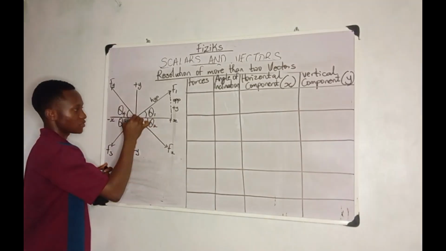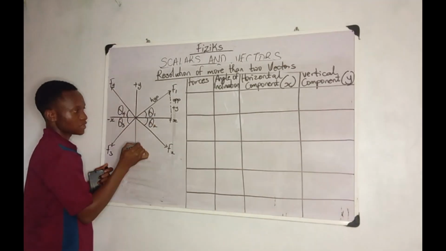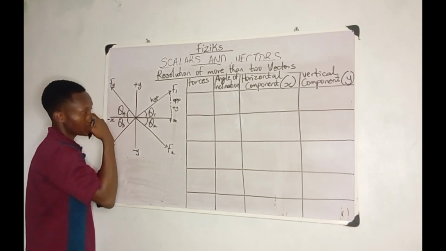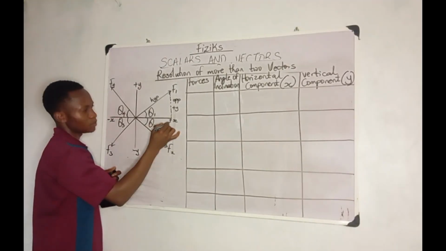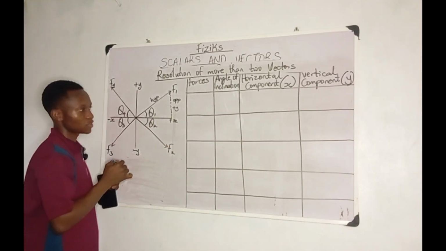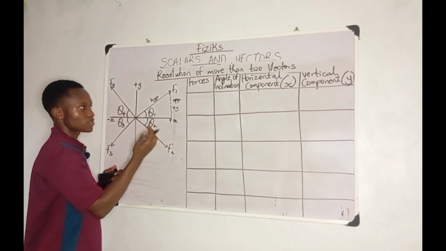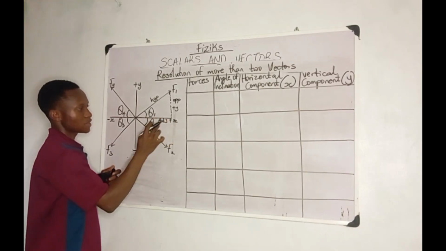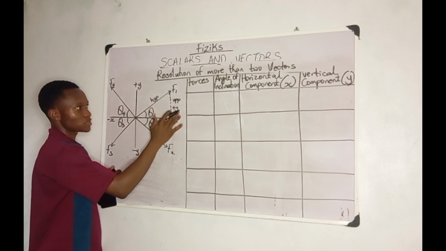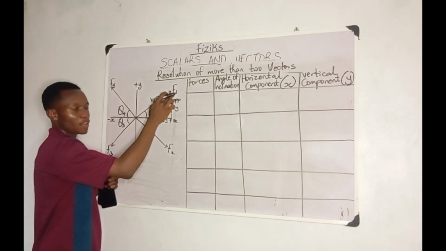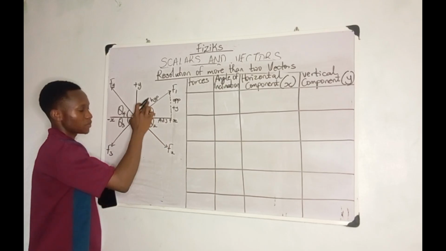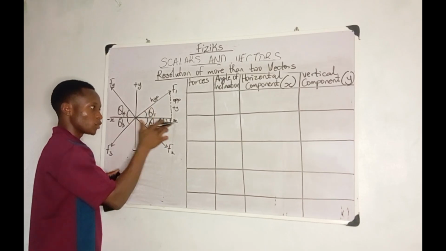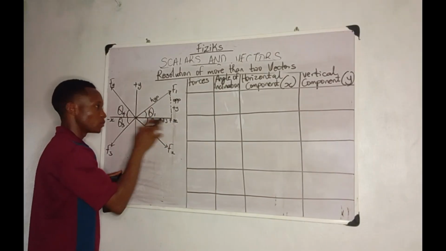This is the horizontal, and it is already in the positive x direction. So I will be saying adjacent, because here will be my adjacent. Adjacent and hypotenuse, I don't have a value for opposite. Hypotenuse is your f1, because I'm looking for the horizontal component.